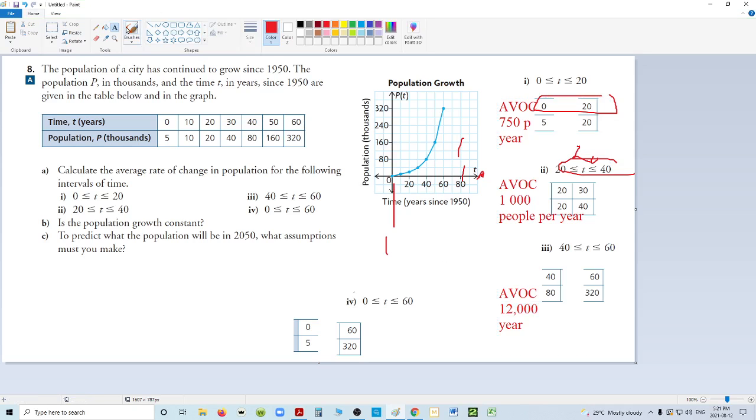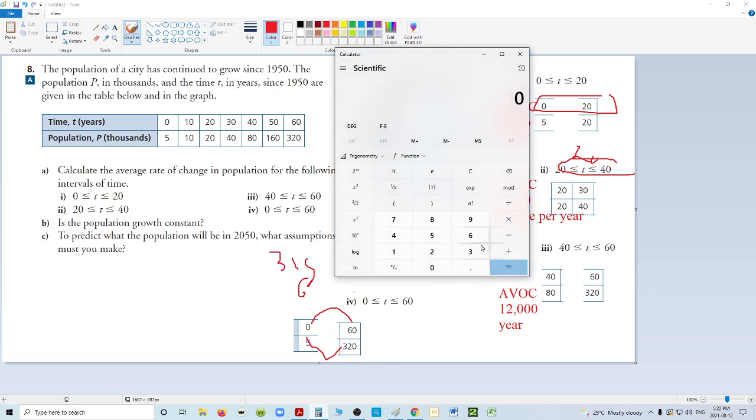And then finally, from the whole graph, you can see my delta x is 60, and my delta y is 315. And for that, I'll need a calculator, but 315 divided by 60 is still easy to calculate.